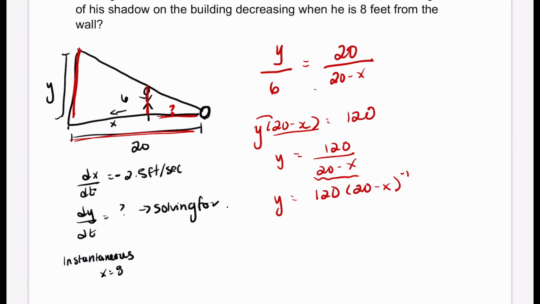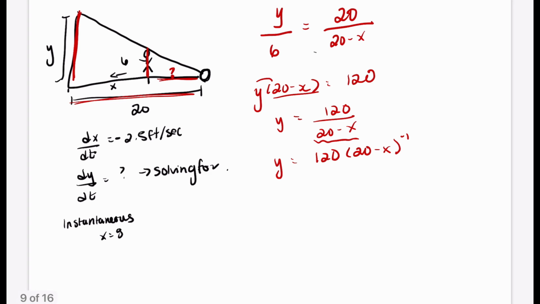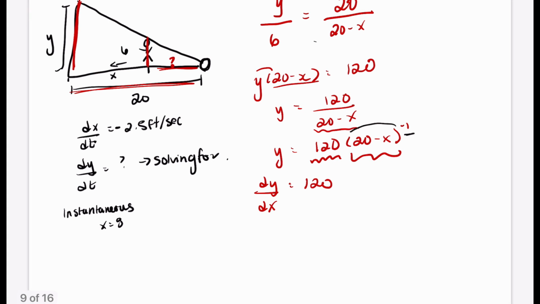So now I'm going to take my derivative. So I'm going to do dy by dx. I don't have to do anything with this 120 because it's a constant, so it's just going to be hanging around the whole time. But I am going to take the derivative of this. Notice that I have a number in my exponent that isn't 1, which means that I'm going to need to do a chain rule. So I bring what's in my exponent down, which is negative 1.